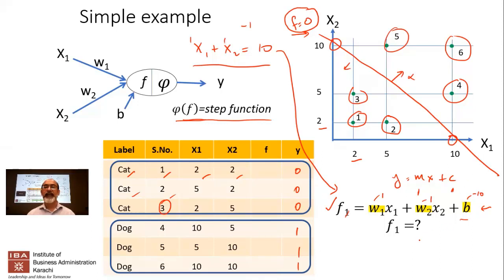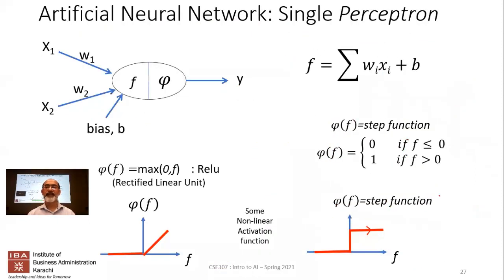We've solved this, and F1 clearly is equal to what? So we've solved this. What's y equal to? Y is simply equal to phi of f, which simply means it's the maximum of 0, f. All right, that's another way to show this step equation. In other words, this equation is simply equal to maximum of, that was the ReLU equation.